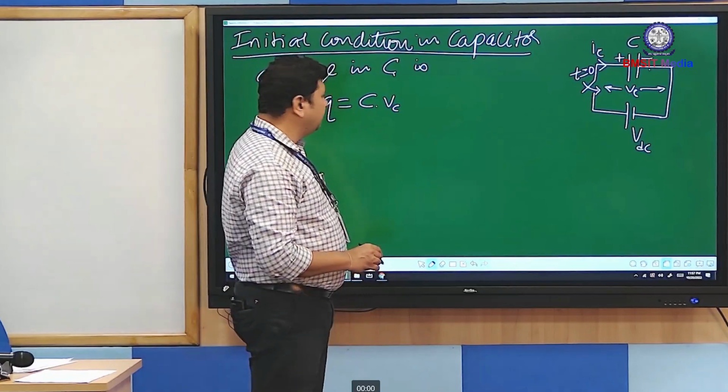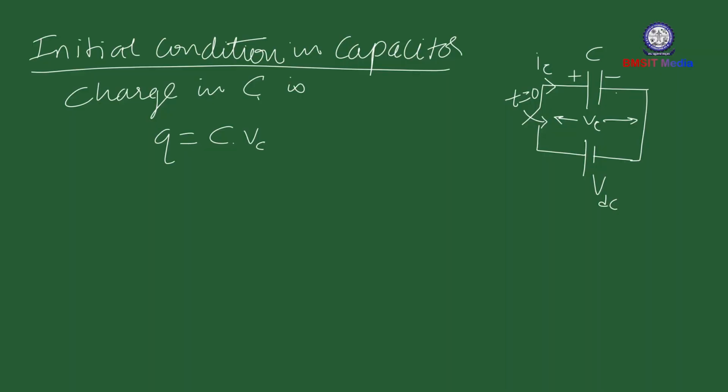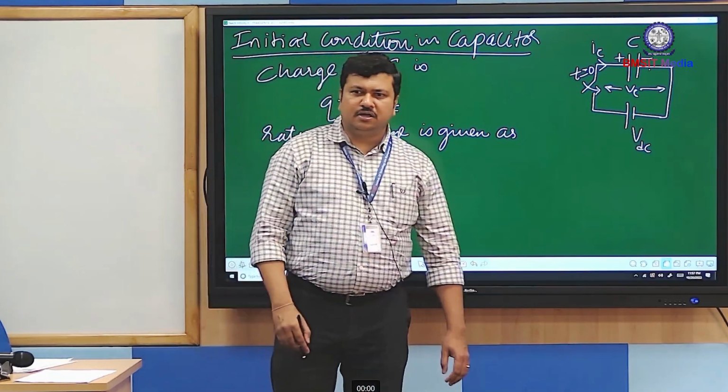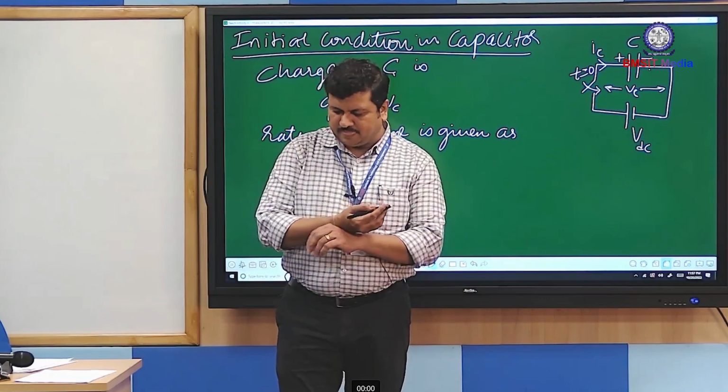Now, if I take the rate of change of charge, dq by dt equals C dVc by dt.